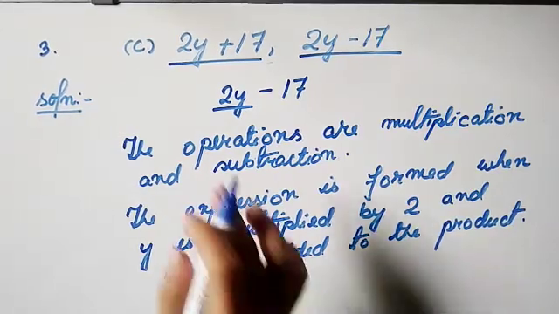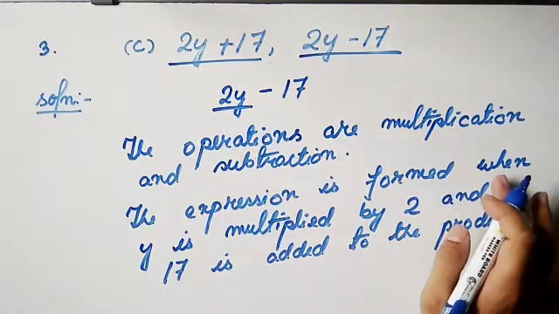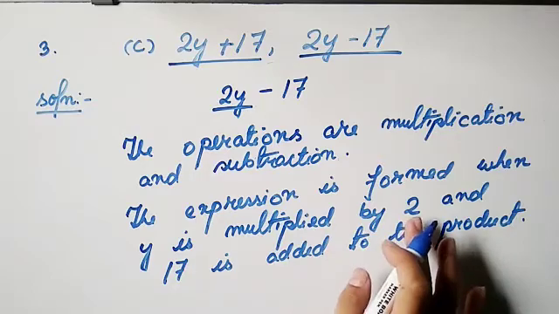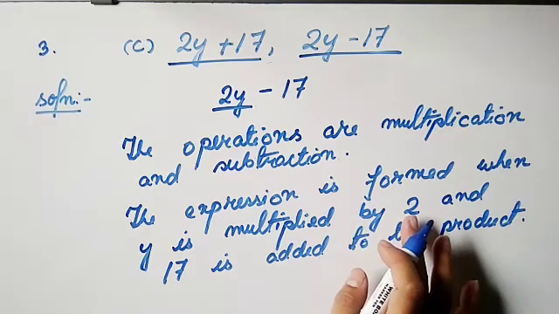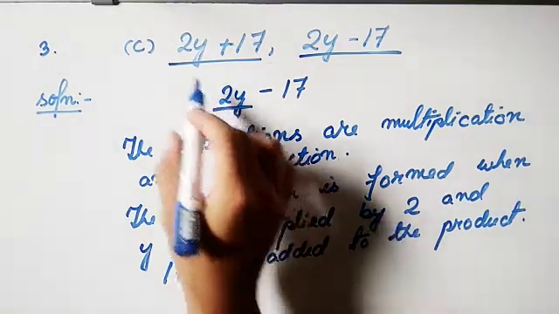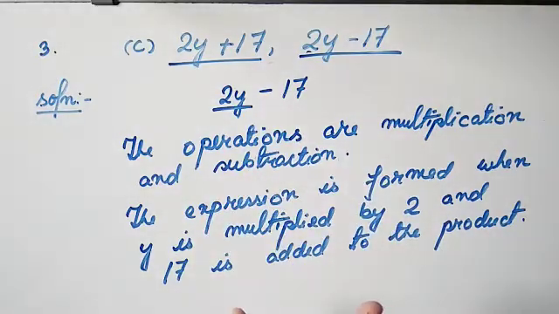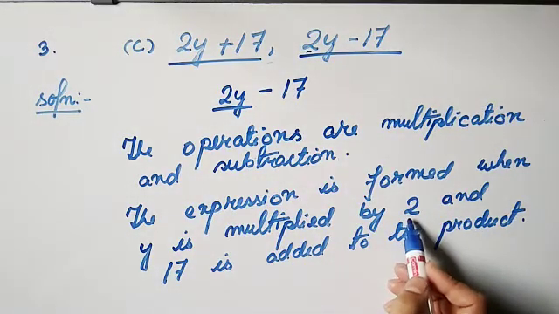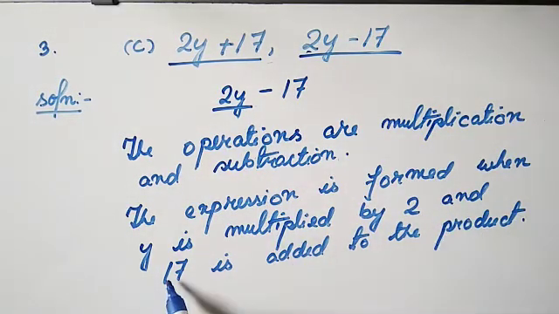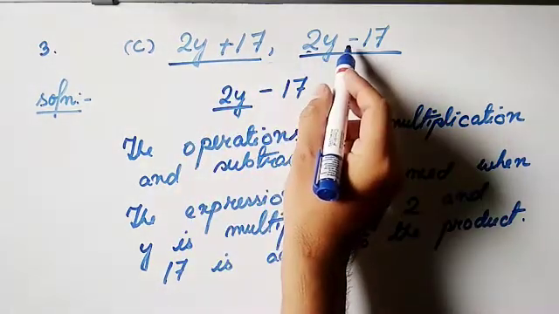Then after that, the expression. First of all, when y is multiplied by 2, it will remain the same, because it is 2y. So this part will remain the same. And here, 17, instead of added, they have written a minus sign.